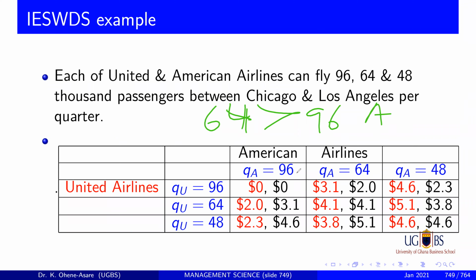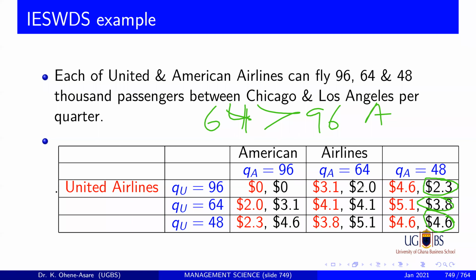Now let's compare 96 and 48. You can see that 2.3 is better than 0. You can see that 3.8 is better than 3.1. And yet you can see that 4.6 is equal to 4.6.